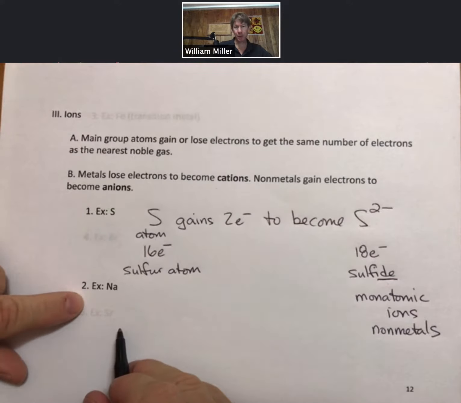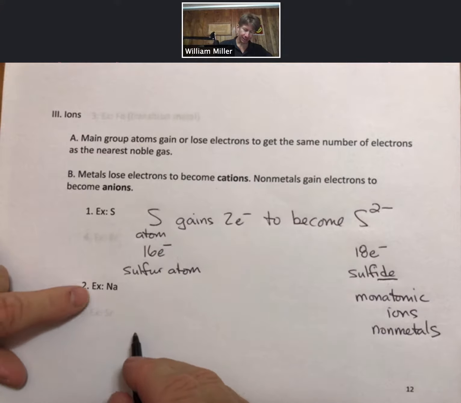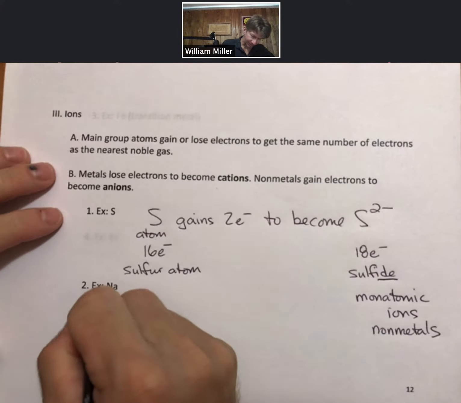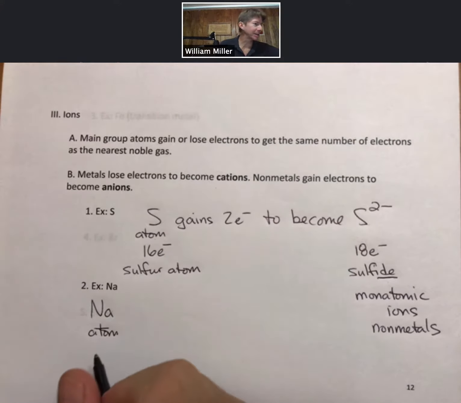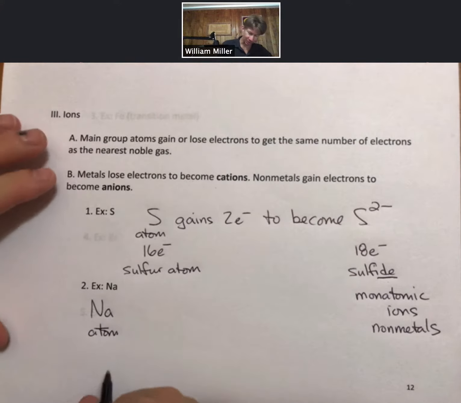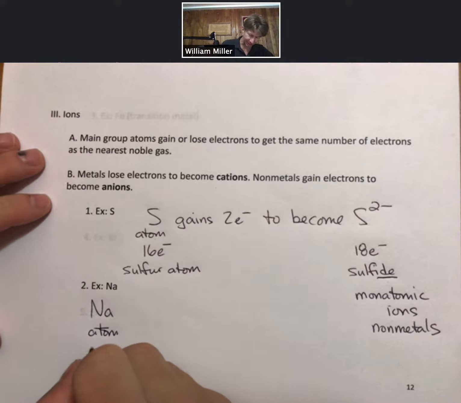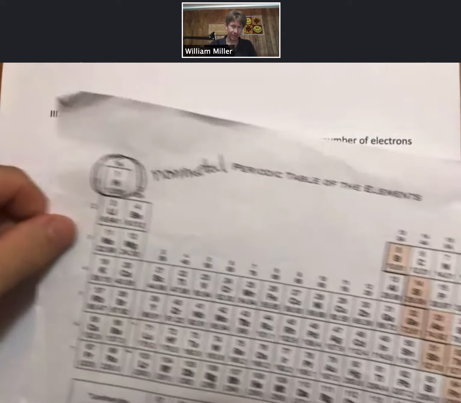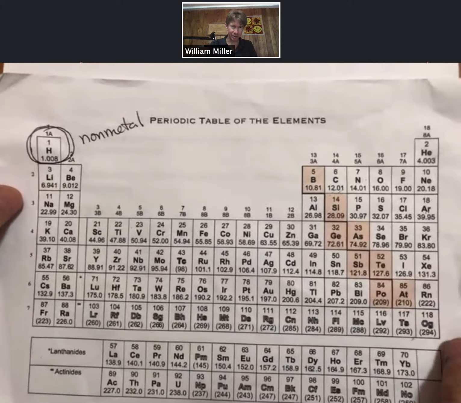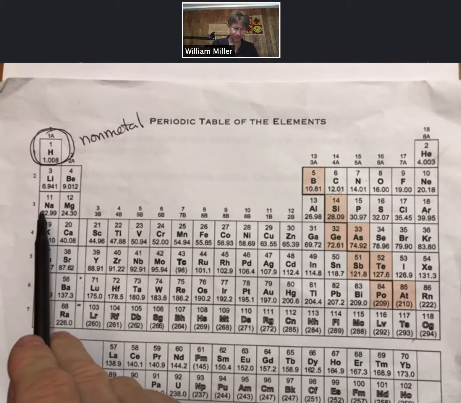Now let's go to a metal, sodium atom. On the periodic table, it's element number 11, so it will have 11 protons and 11 electrons. Now, let's show the whole periodic table here. Here's sodium.